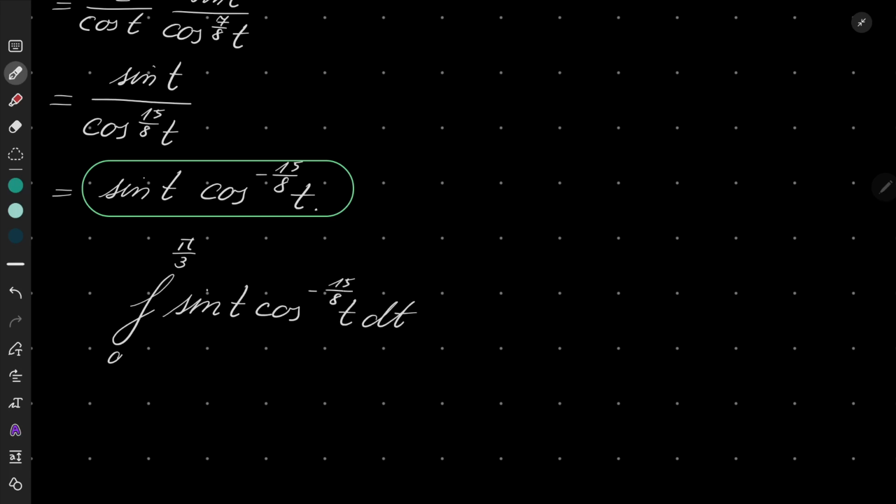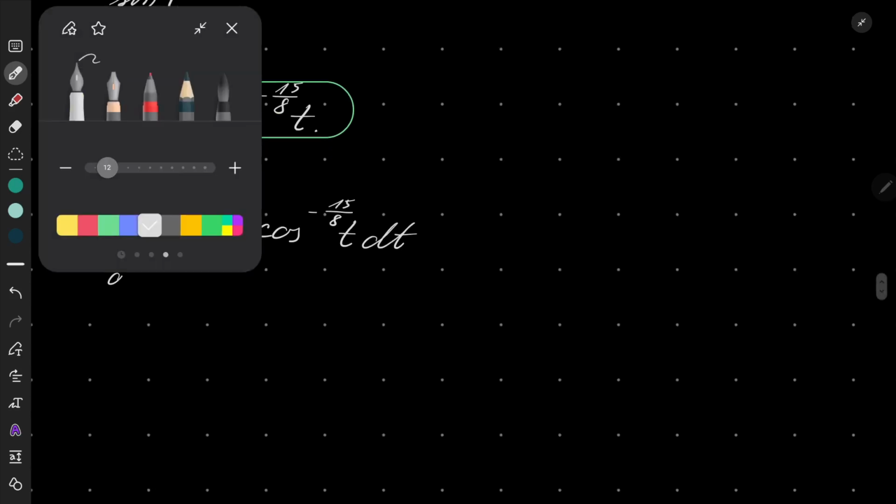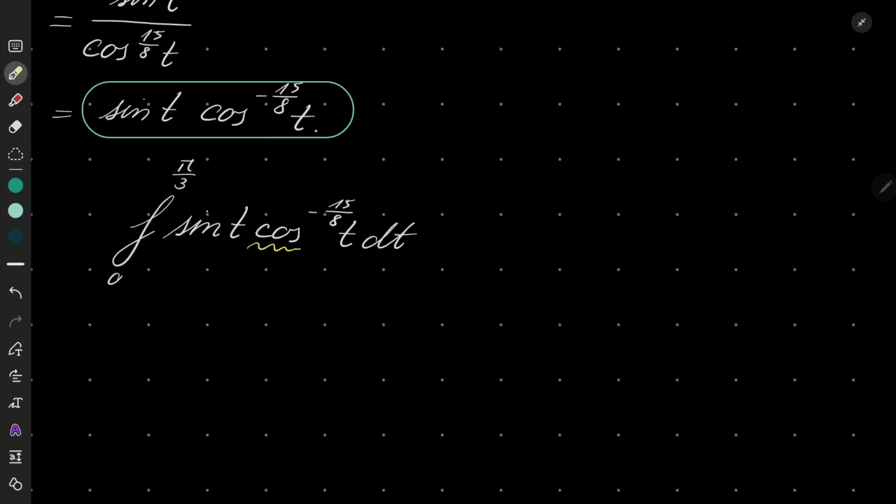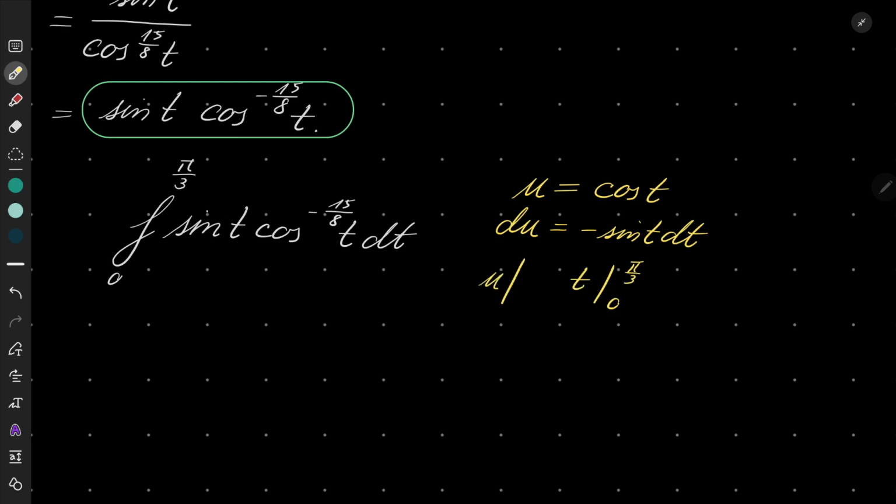And I will make a suitable substitution, because notice that if I differentiate cosine, I just get sine. So that motivates the following substitution. u will be cosine of t, then du becomes minus sine of t dt. And what happens to our bounds of integration? Since t was from 0 to pi over 3, if I put 0, I have 1, because cosine of 0 is 1.